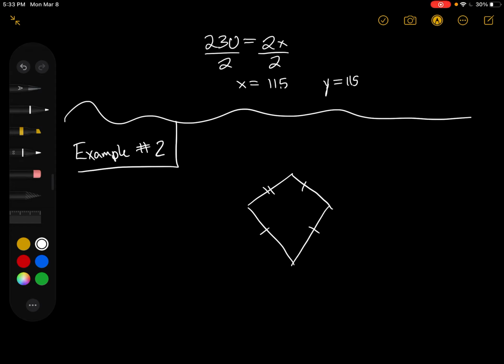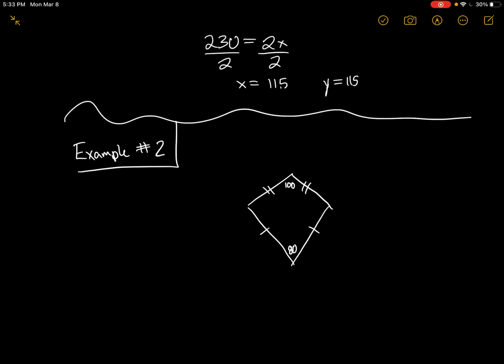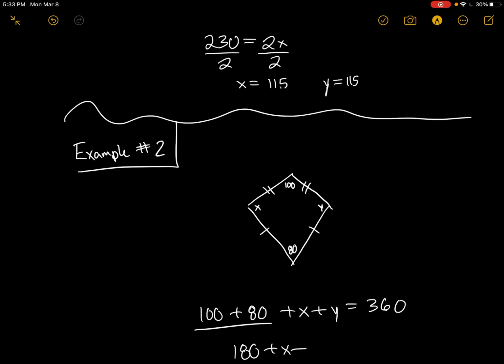So maybe this time we'll make our kite like this. And maybe this one is 100, and this one is 80. And again, we need to solve for X and Y, this time with different numbers. So add up all of your angles and set them equal to 360. Put together like terms.